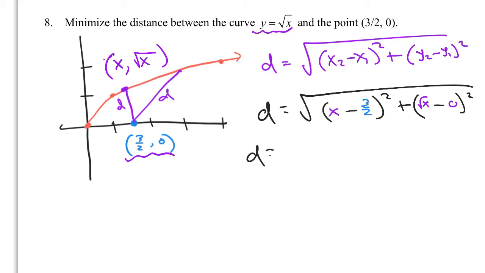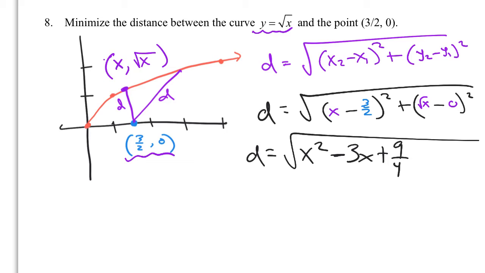So when I expand out the x minus 3/2 squared, I'm going to get x squared. And then you multiply the 3/2 and the x, and double it. So 3/2 times 2 is just 3. So it would be minus 3x plus 9/4.